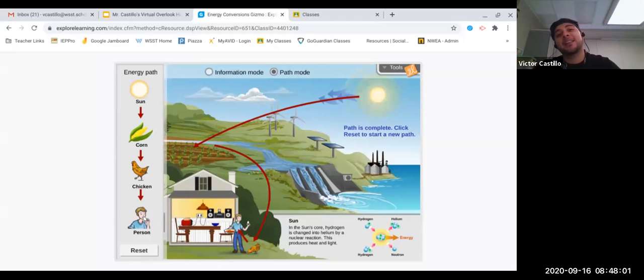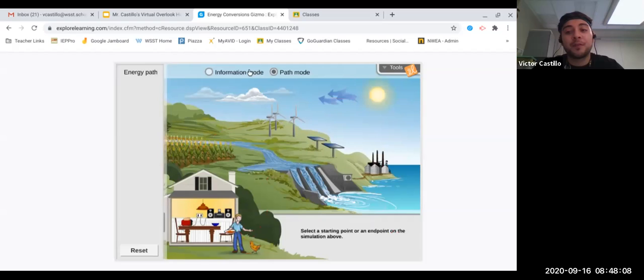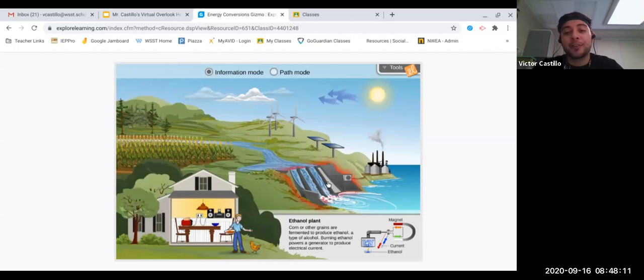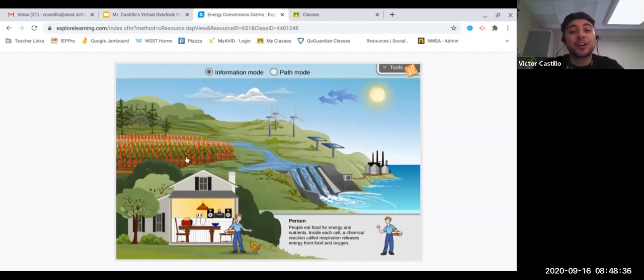As long as you understand that energy is transferred between different forms of energy, whether it's mechanical energy for the plant or for the dam, whether it's wind energy from the wind turbine, whether it's solar energy from the solar panel and from the sun, whether it's electricity through the stereo, the lights, and the toaster, whether it's actual functioning energy from eating food from the person, like from the nutrients and the proteins that give us energy, whether it's the sugar from the corn.